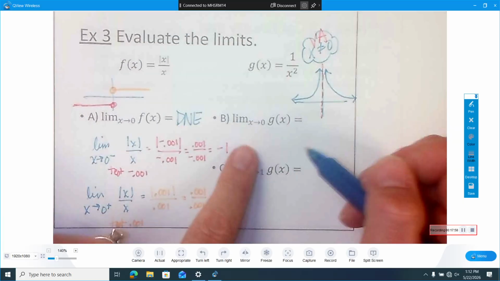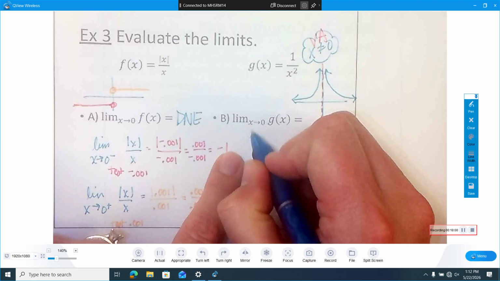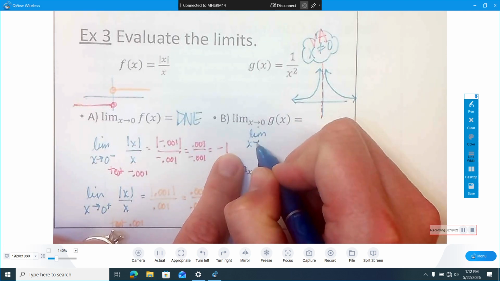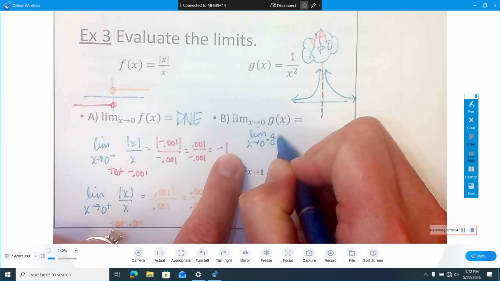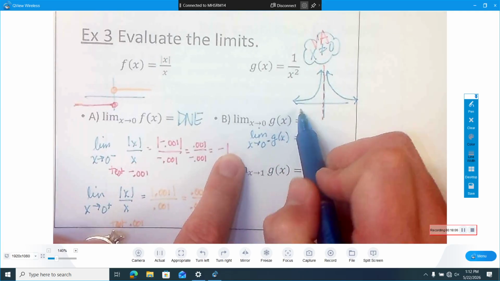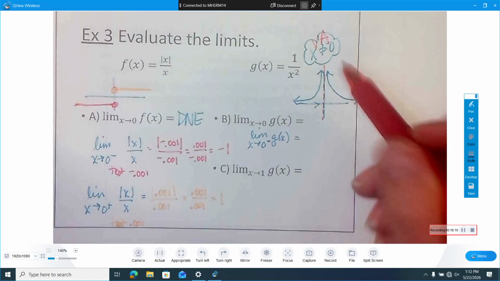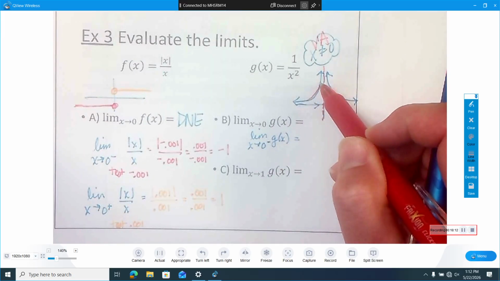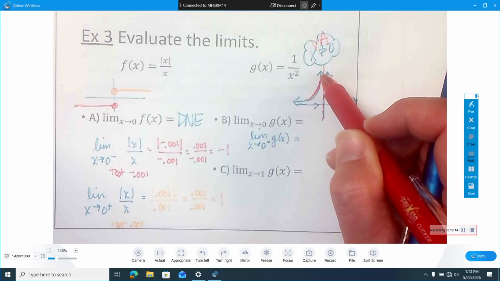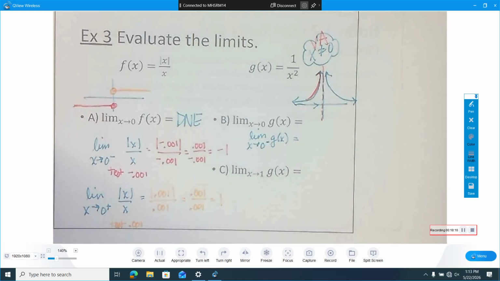And so when I look at this graph, I think, hey, what's the limit as x approaches 0 from the left side? So we're approaching 0 from the left, which means I'm moving along the function, coming in to 0. It's going up. Where is that function going? Positive infinity.